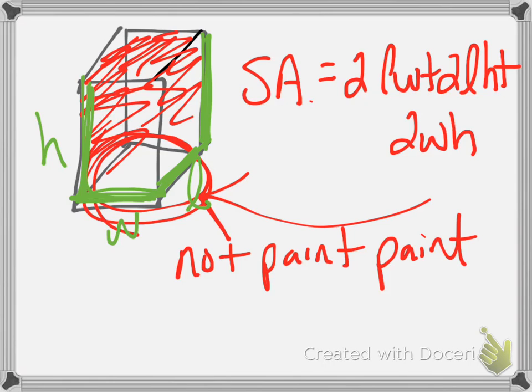Oh, my marker isn't working. 2 HWs, so I got those. I got 2 LHs. But when you think about the floor, this is length by width. There's only one of them. I'm only painting the ceiling. So you would change the magical formula, and it would just be LW plus 2LH plus 2WH. So sometimes you have to modify the formulas, so be careful when you're reading them. So you have all 10 of those, as well as the selected ones from the other worksheet. Have fun!